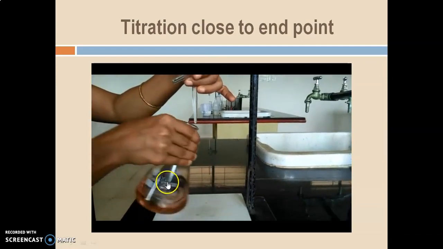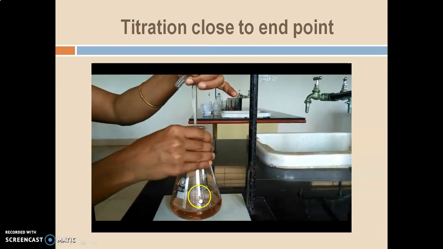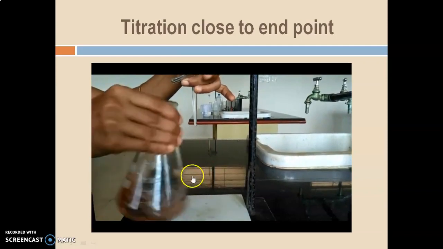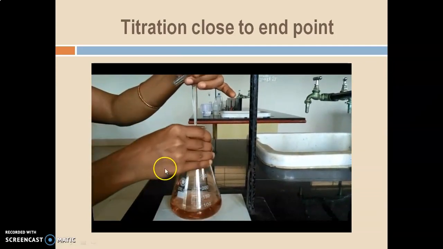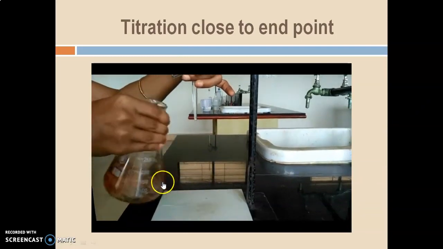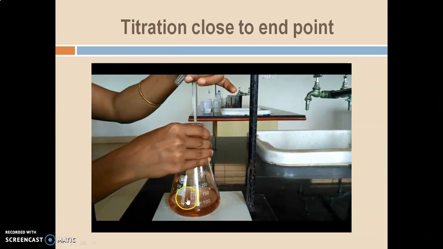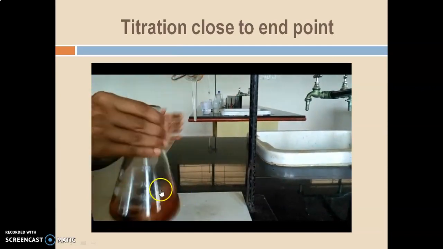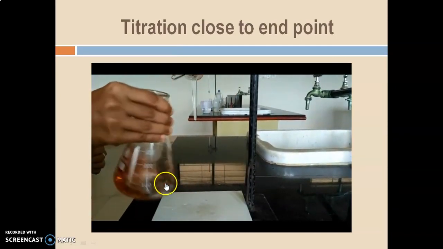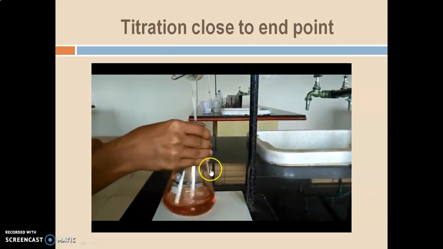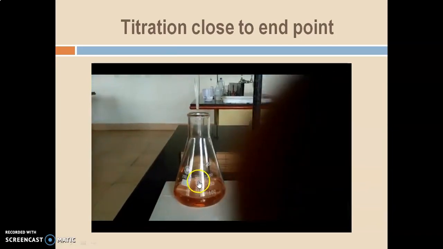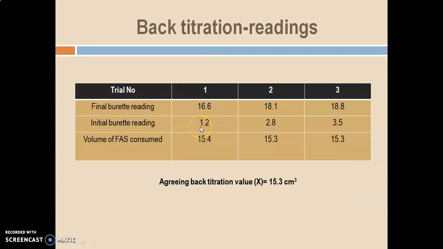Initially a glimpse of red color comes and disappears, because the initial red color comes from a centralized high concentration of FAS. Upon mixing, it reacts with the potassium dichromate in the bulk of the solution and the color disappears. So the mixing should go on until there is a persistent reddish brown color. After the titration, the readings have to be noted down.